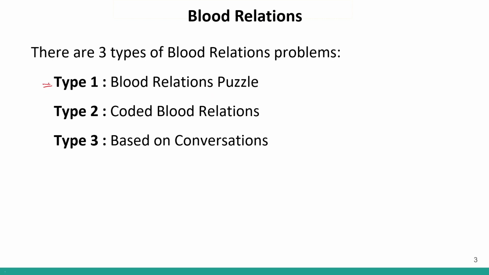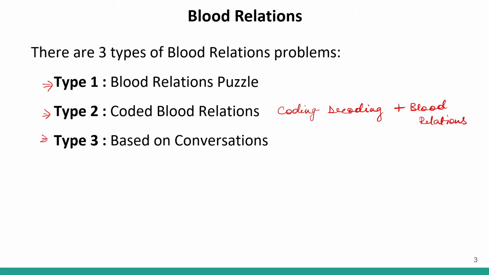Type 1 was blood relation puzzles, in which we draw entire blood relation family charts to get the answer. Then was coded blood relations, so basically we use the concept of coding, decoding, plus blood relations to get the answer, correct?